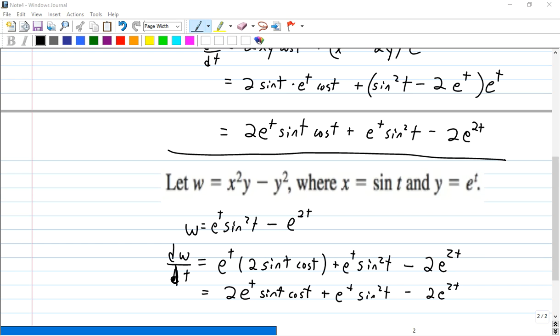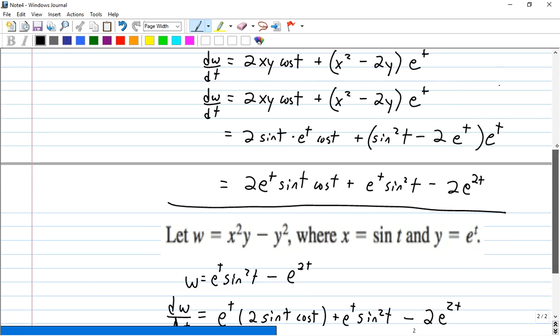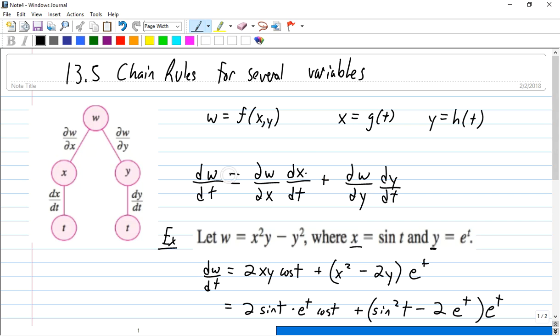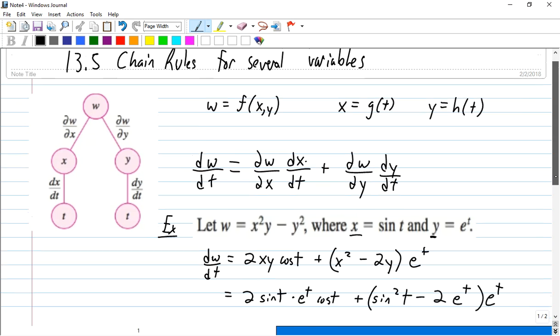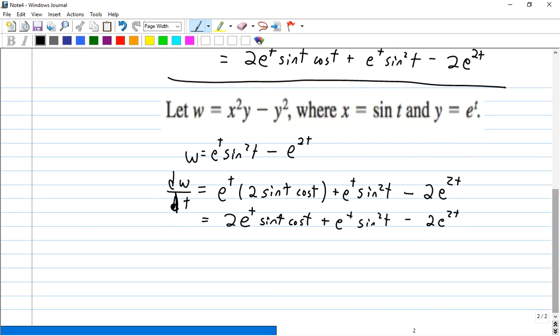If your function is of 3 variables, and you extend that same definition, like if this was of 3 variables here, instead of just 2, it would be easier to do it like this and then do the substitution at the end. If it's of 2 variables, it might be easier just to plug stuff in and then do the derivative that way. But you will get the same answer either way.